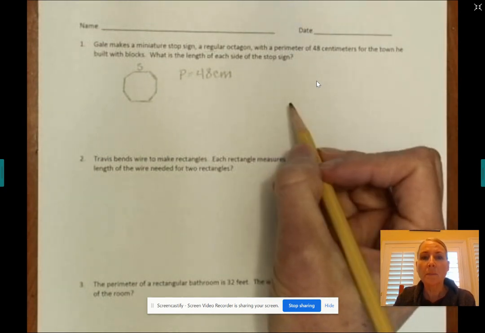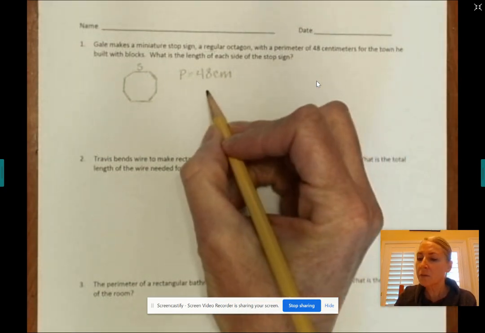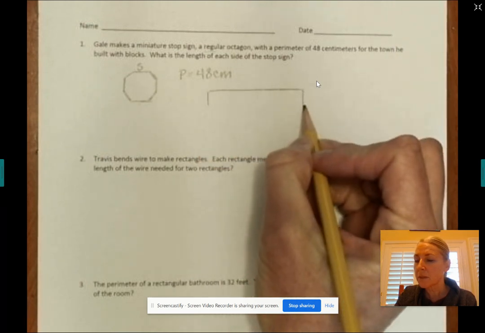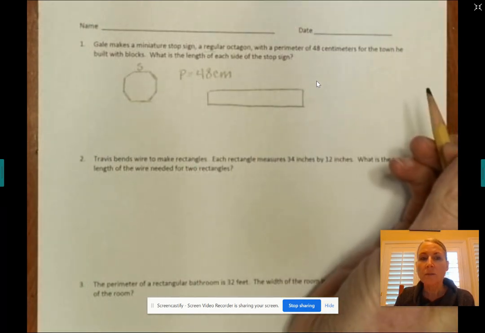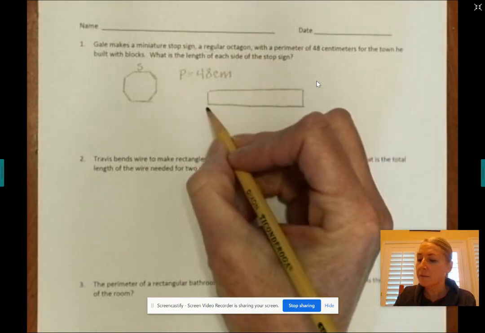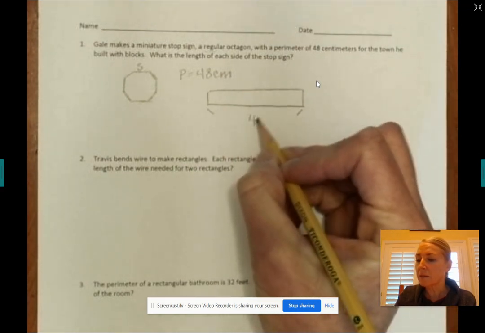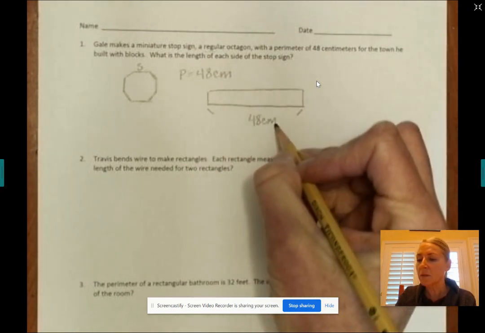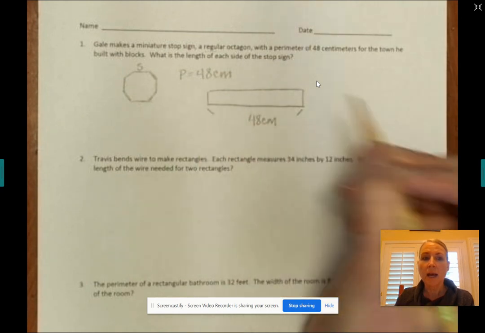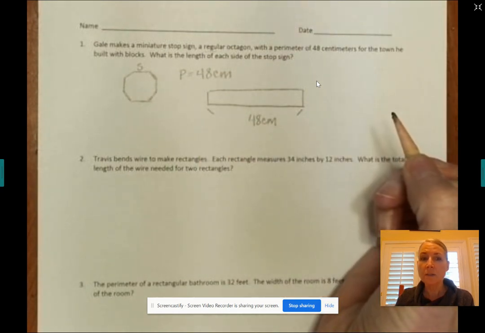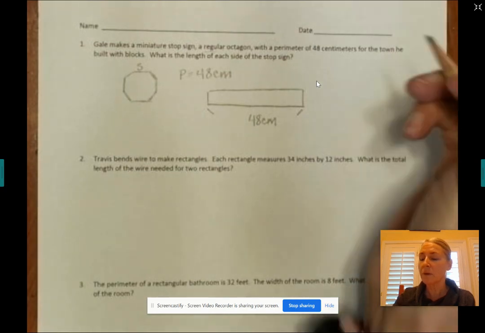If we think about this, let's work with a tape diagram here. I have a total perimeter of 48, and that's going to go down here because that's where our total goes. An octagon has 8 equal parts. It's regular, so we know they're all going to be congruent.